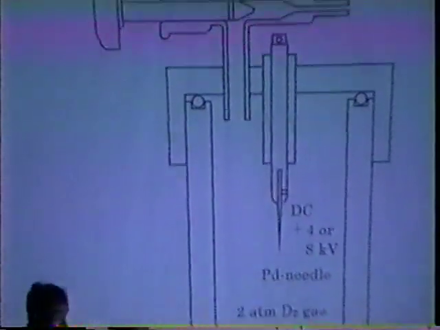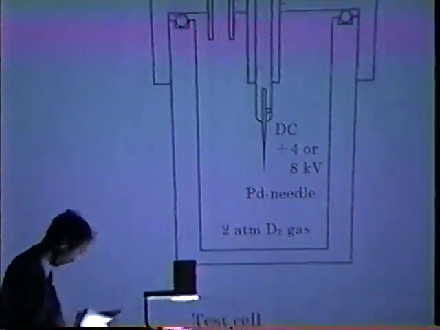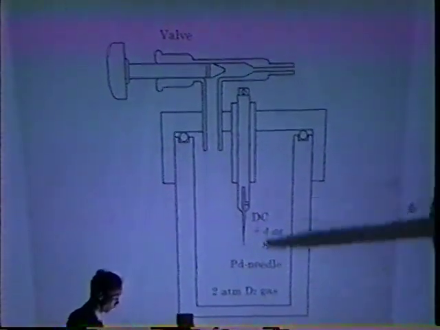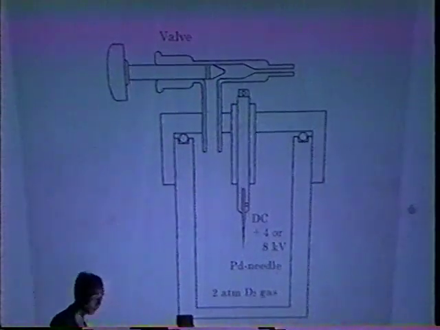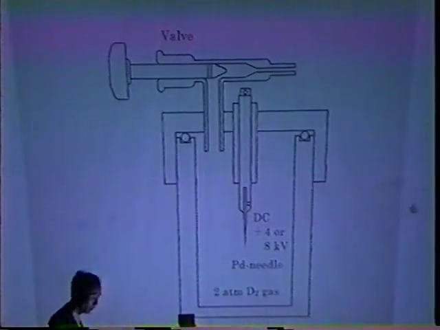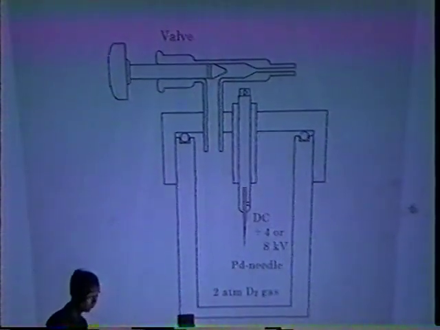In this current investigation, a very simple electrode system of point-plane gap configuration in 2 atmosphere deuterium gas is used to confirm the so-called cold fusion.